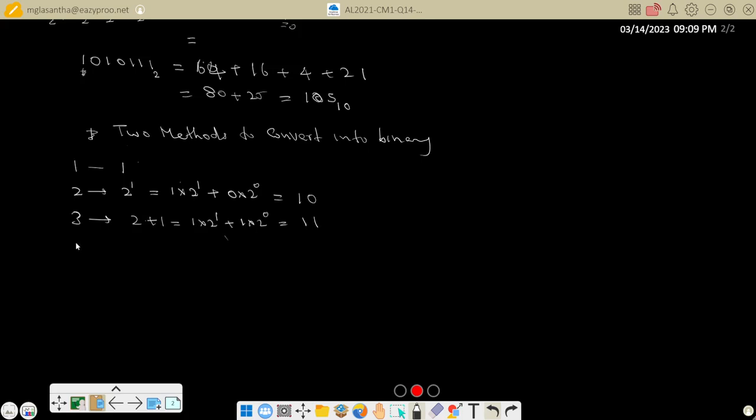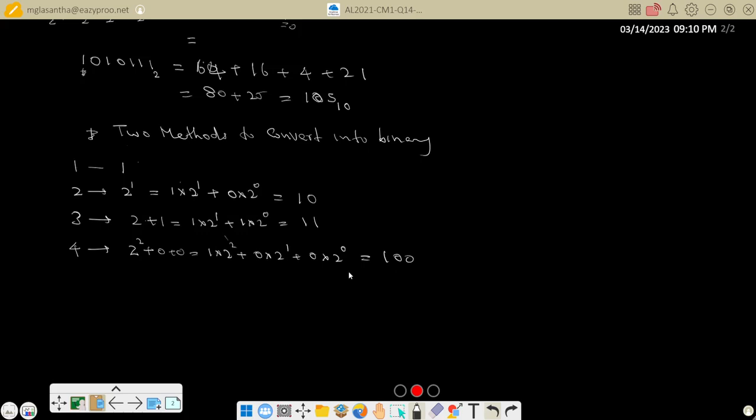Okay. 4. 4 can be written as 2 squared plus 0 plus 0. That is 1 into 2 squared plus 0 into 2 to the power of 1 plus 0 into 2 to the power of 0. So what is this? 1, 0, 0.